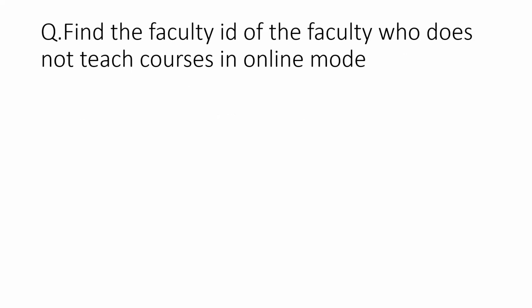This contains two parts. We want to retrieve the faculty ID of all faculty who teach in online mode, and we need to find the faculty ID of all faculties. Then if we subtract these two results, we will get the actual result.